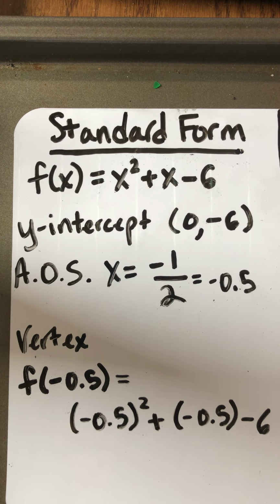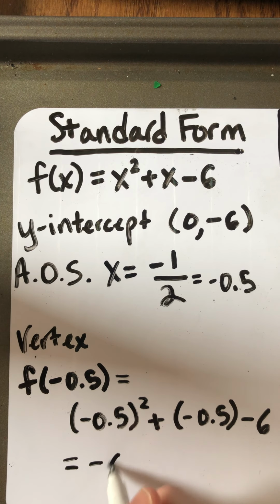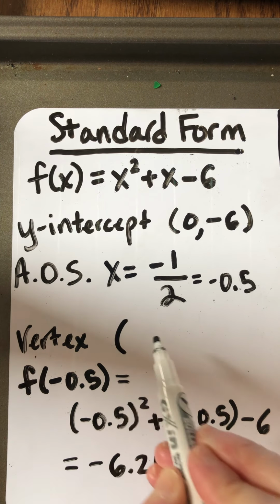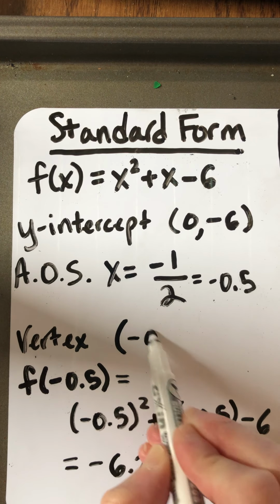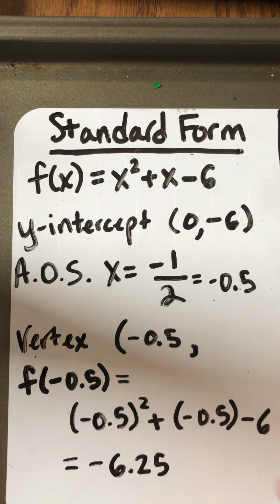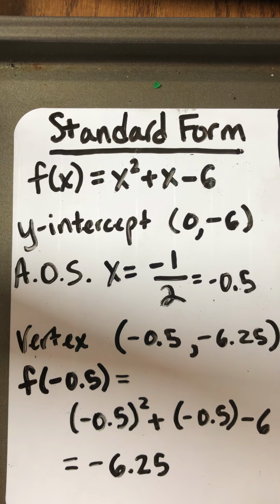You can use your calculator, you can use Desmos to assist you, but the result that you'll get is -6 1/4, or -6.25. So that's telling us that the vertex of this particular graph is going to be located where the x-coordinate is -0.5 and the y-coordinate is -6.25.